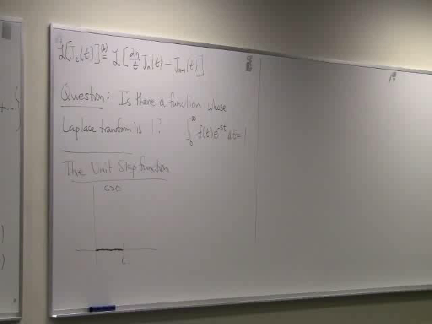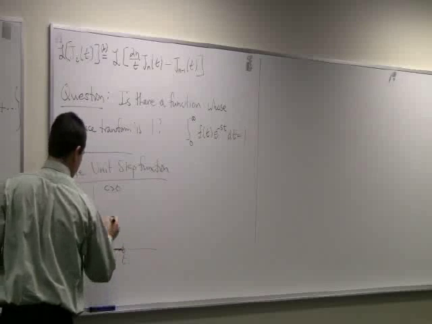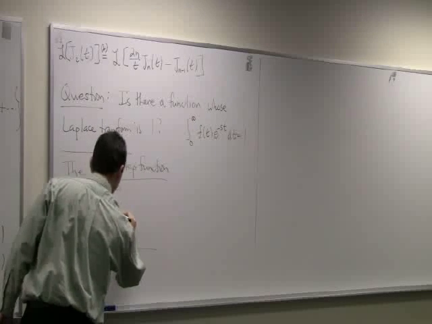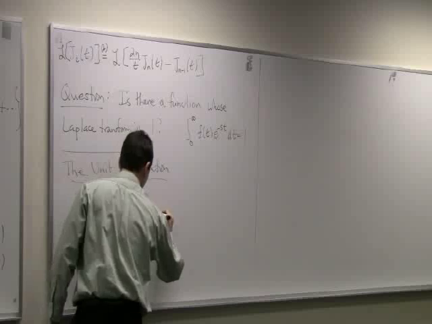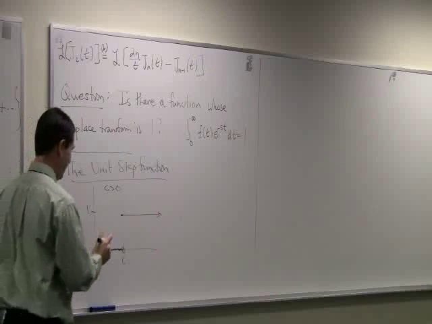And then when you get to c, it's going to step up. Now how much is it going to step up? 1 unit. By 1 unit. It's called the unit step function. So at c, it steps up to 1. And then from there, it stays at 1. Terribly complicated thing.